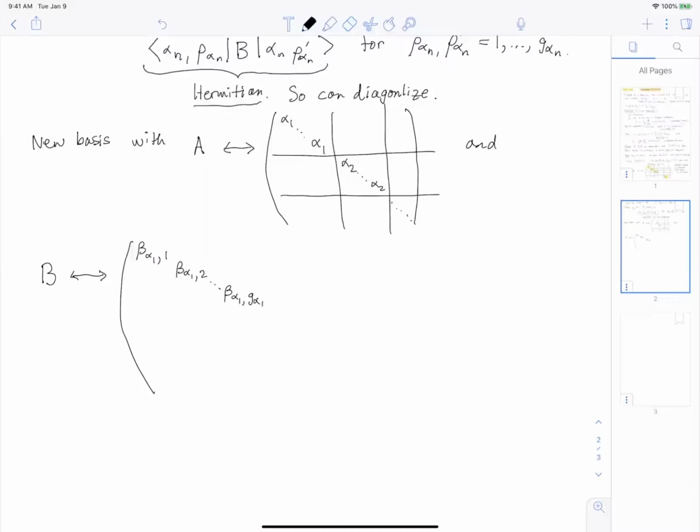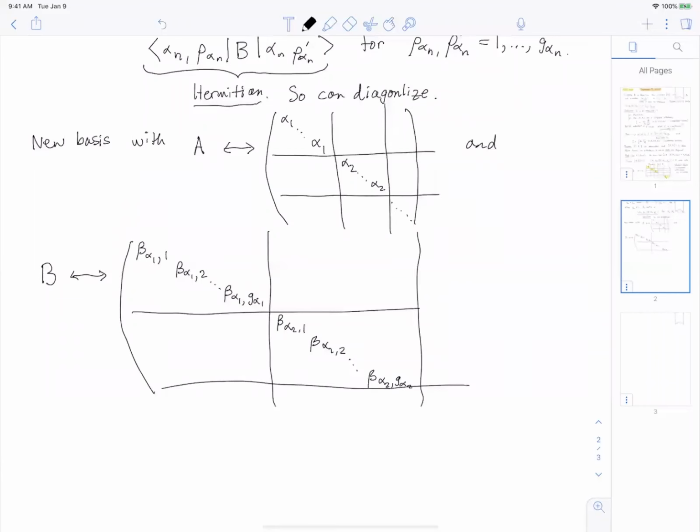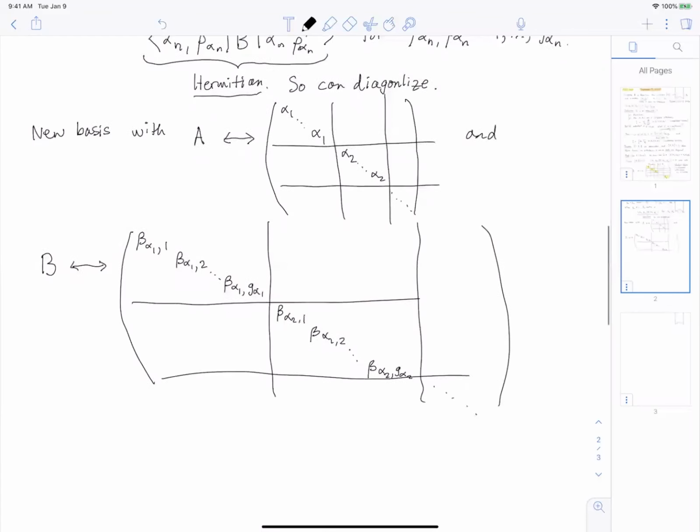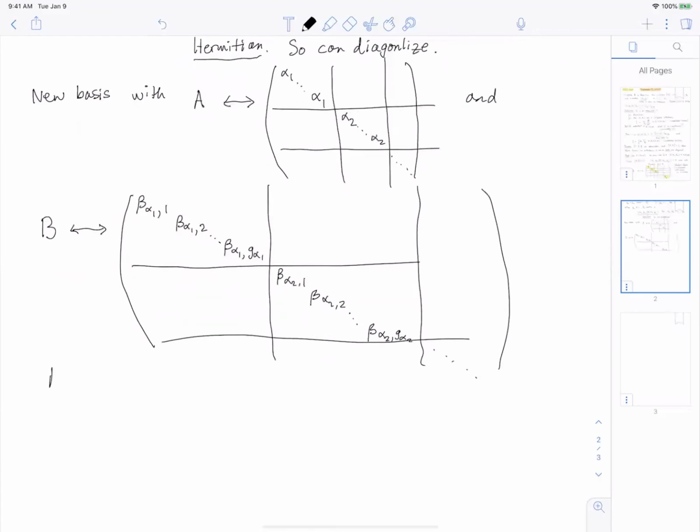That's the first block. Then the second block is β_α2,1, β_α2,2, up to β_α2,g_α2. And it just keeps going like that along the diagonal. So they're both diagonal in this basis.